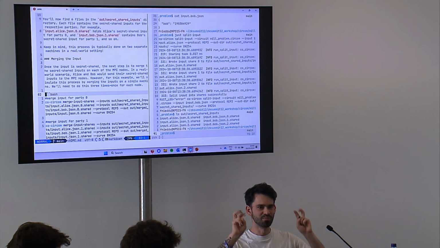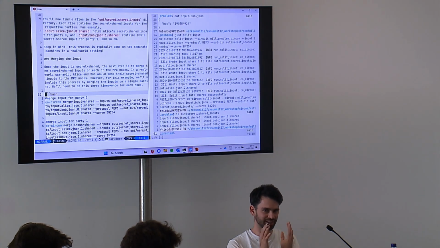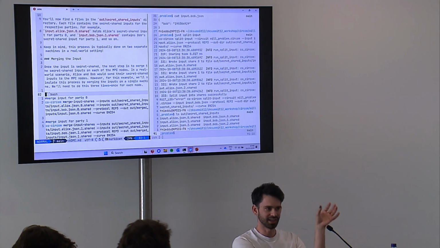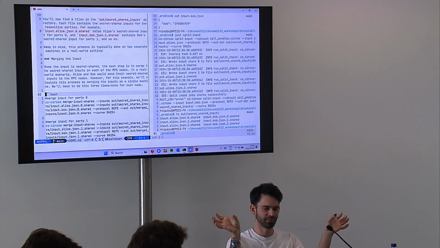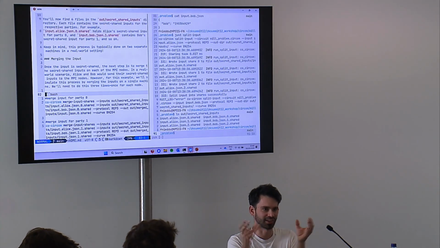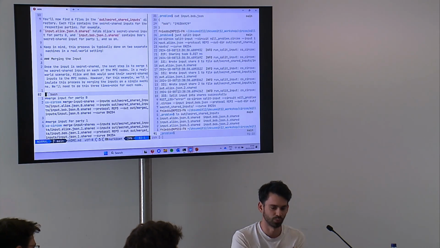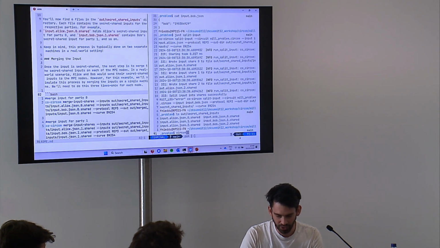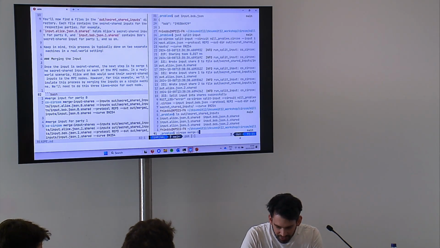So we have to merge this input together, but this merge is not a reconstruction, there's no opening. It's just party 0 takes the input from Alice and the input from Bob and merges it in a single file. So there is no necessary MPC thing, it's just copying the files together, so there's one single input. We do this with the merge input shares command.